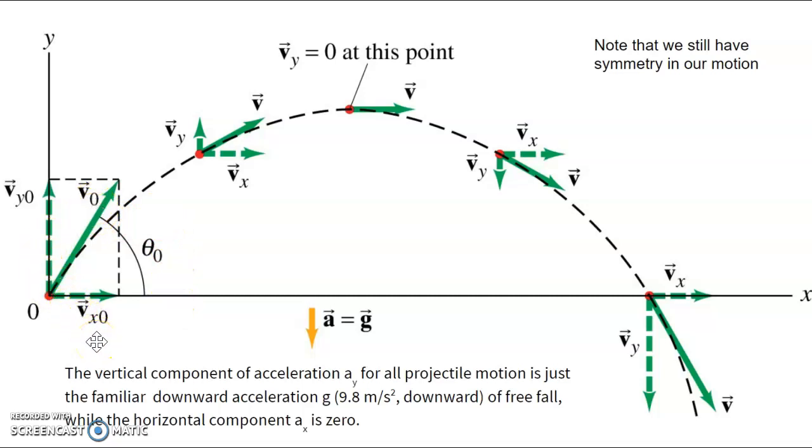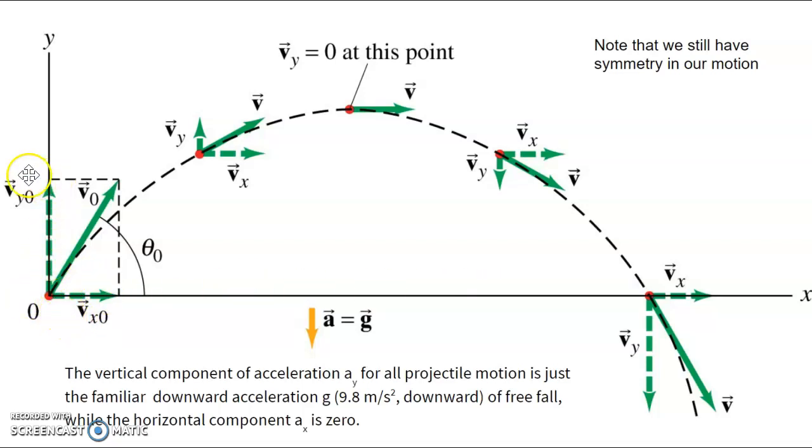So horizontally, we have no change in this object's motion. So we see that here, its initial velocity, we break up its x component. This vector is the same at every moment in time in its travel. So if we were to track just the horizontal motion at every moment in time, our object's going to travel the same horizontal distance. All right.